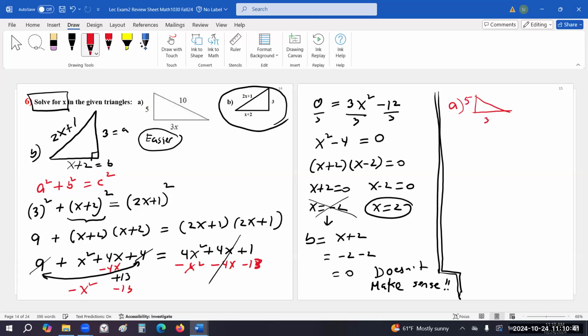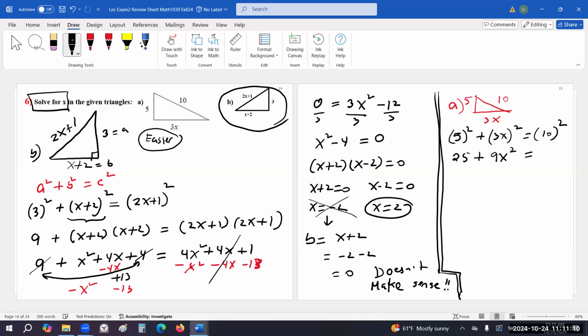It has 5, 3x, and 10. So you do the same thing. 5 squared plus 3x squared equals 10 squared. So what is 3x whole thing squared? Is it 3x squared? It's 9x squared.